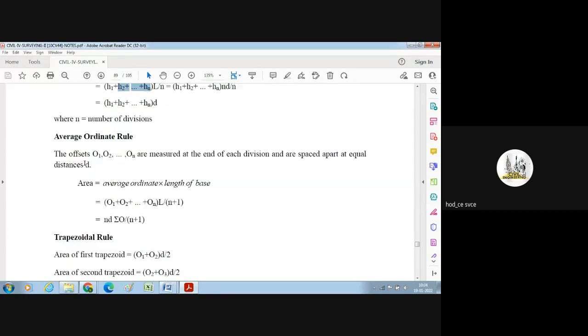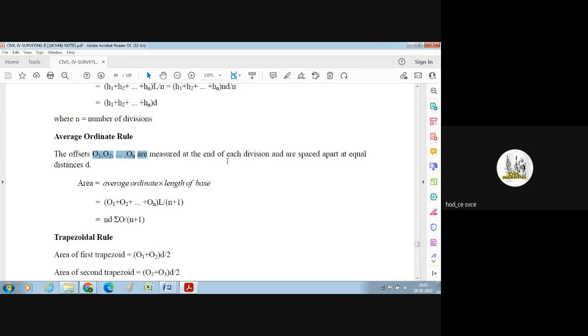Next, coming to the average ordinate rule, right? First of all, we need to calculate the ordinate distances O1, O2, O3. O1 means the average of the opposite sides, small a plus small b by 2. So we have to average the values, given as O1, O2, O3 and ON. These are measured at the end of each division and are spaced apart at equal distance.